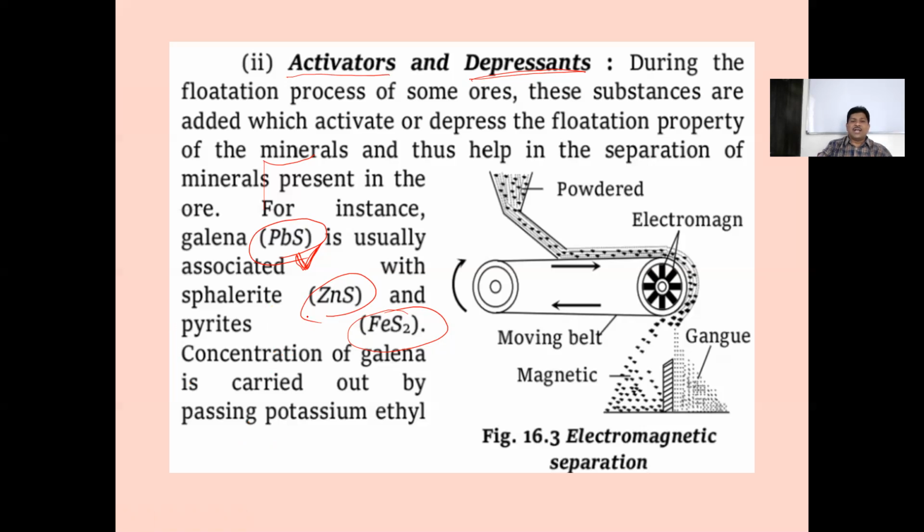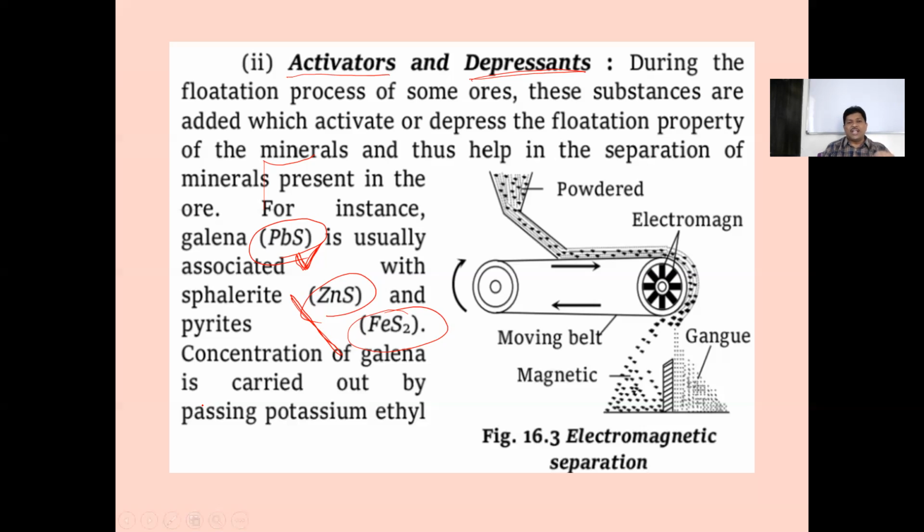After that, at the bottom, which two are left over? ZnS and FeS2 are both left over at the bottom. Now what we have to do is add some activator to the mixture of ZnS and FeS2 at the bottom. The activator will activate the ZnS particles to come to the surface. First PbS is separated, and after that ZnS and FeS2 are left over at the bottom.